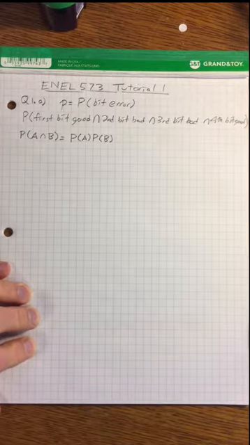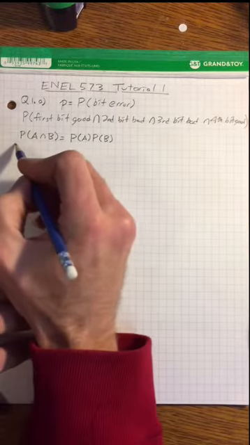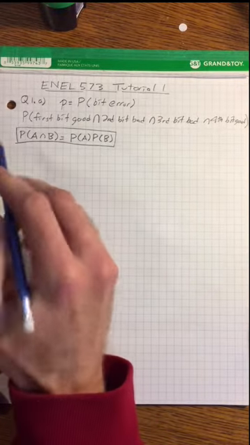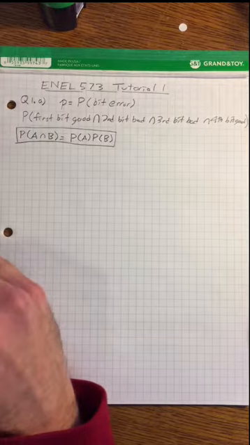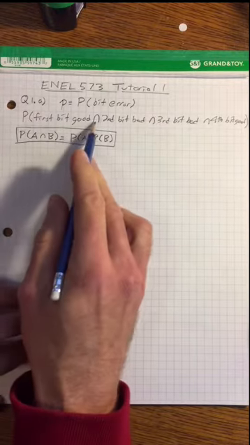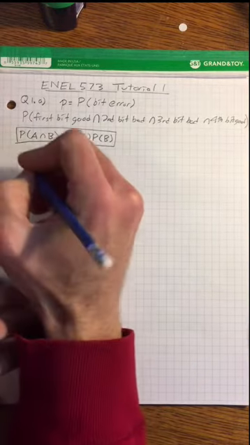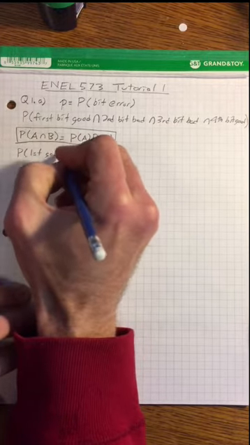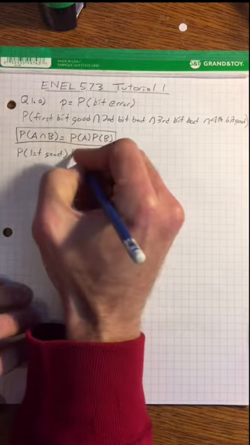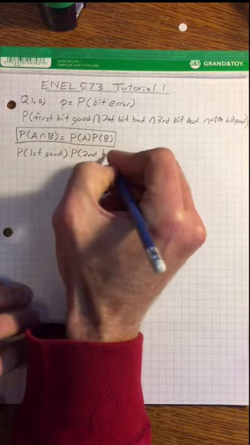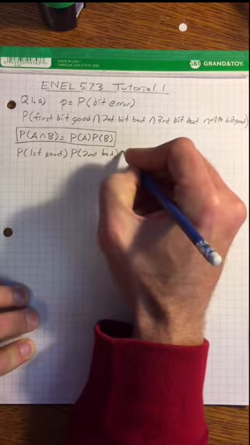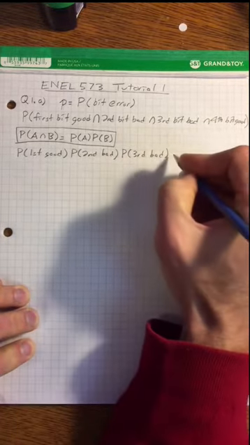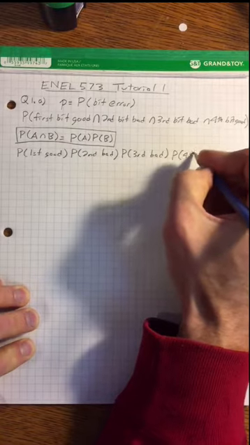So as soon as you hear that word "independent," you know that you can use this equation. And so our probability expression with all of these ands in it can be written as the probability of the first bit being good multiplied by the probability that the second is bad, multiplied by the probability that the third is bad, multiplied by the probability that the fourth is good.